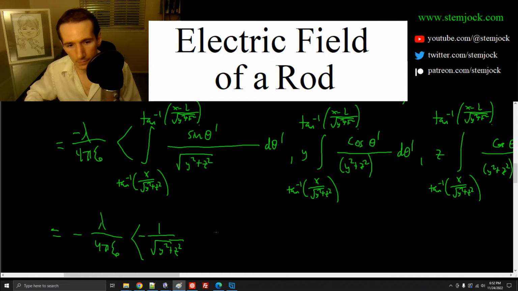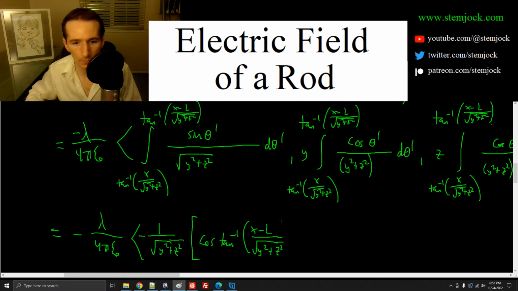So negative, and then this is going to be cosine of inverse tangent x minus L over square root y squared plus z squared. And now minus the cosine of the lower limit, cosine of inverse tangent x over square root y squared plus z squared.